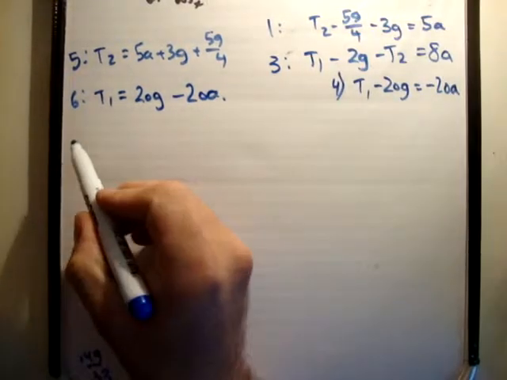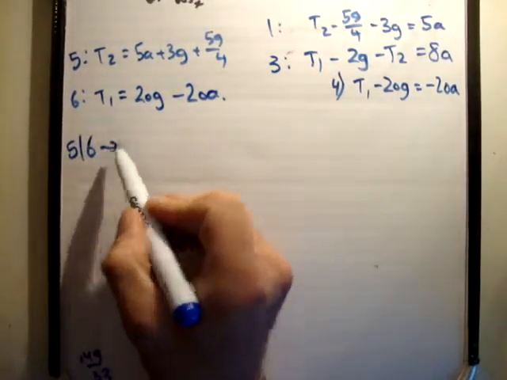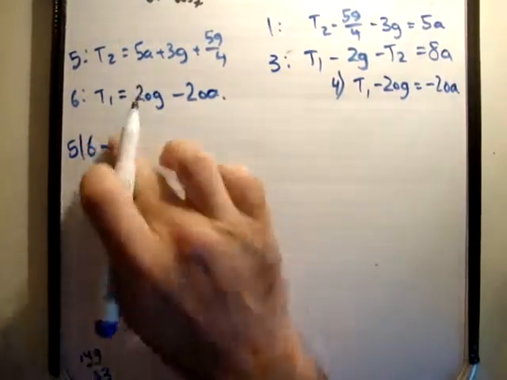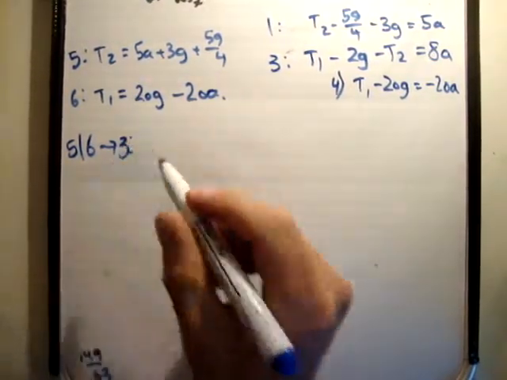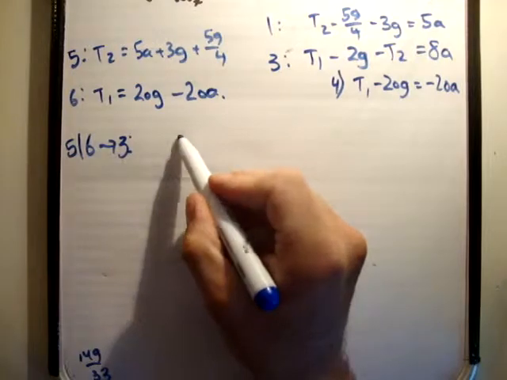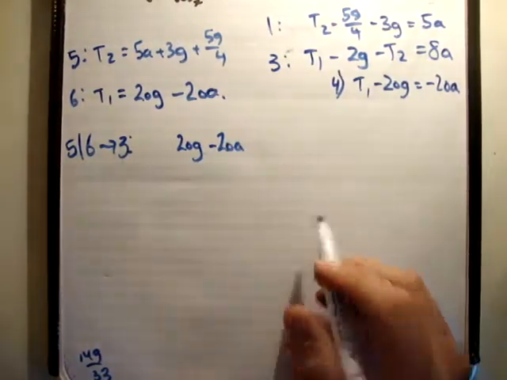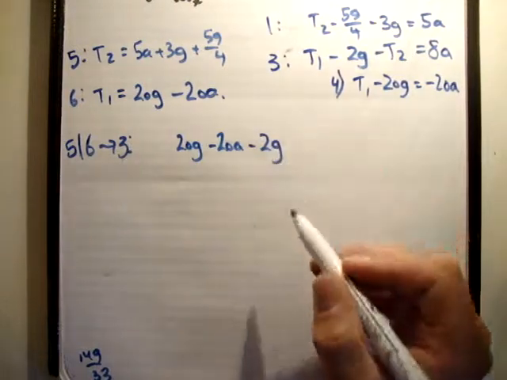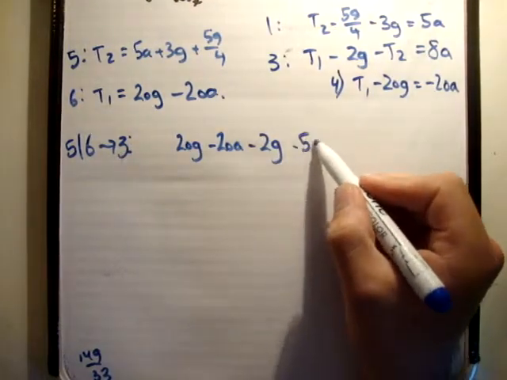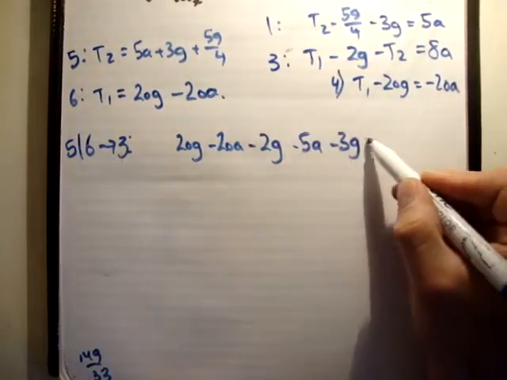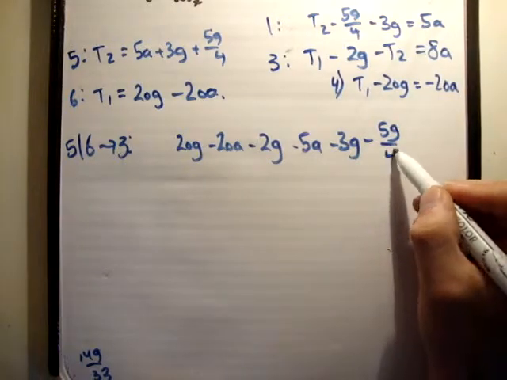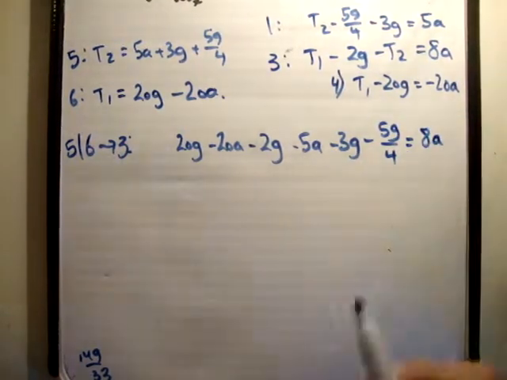Let's plug equations 5 and 6 into equation 3. What do we get? We get 20g minus 20a, minus 2g, minus 5a minus 3g minus 5g over 4, is equal to 8a.